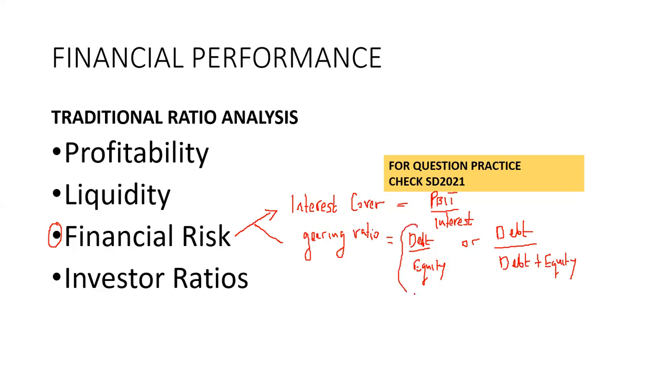We can either use that one or we can use that one for financial risk. But another type of gearing was asked for in December, and that was operational gearing. The examiner wanted you to also talk about operational gearing.